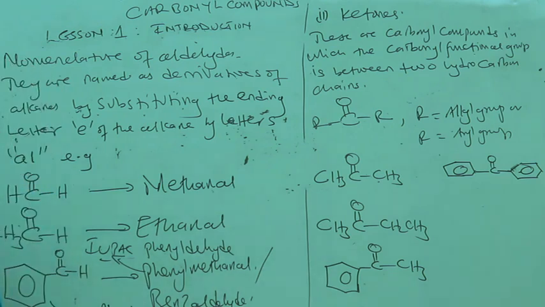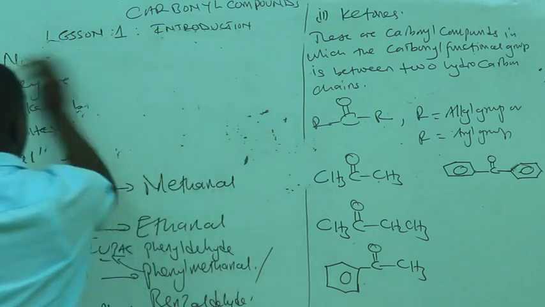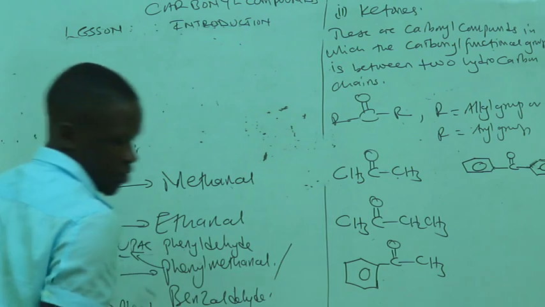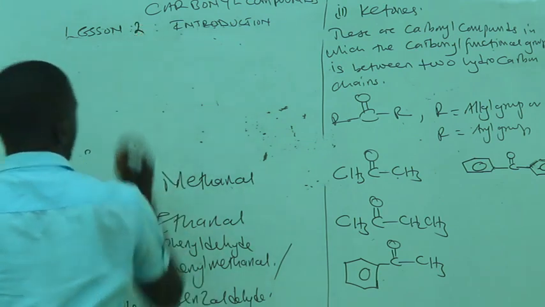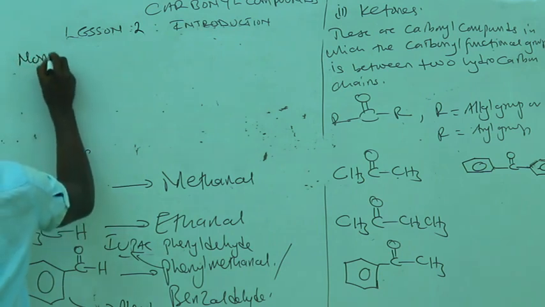Now, how could we name these compounds? The nomenclature of the ketones, because now we have understood what the ketones are. The ketones, how could we name them? Nomenclature.